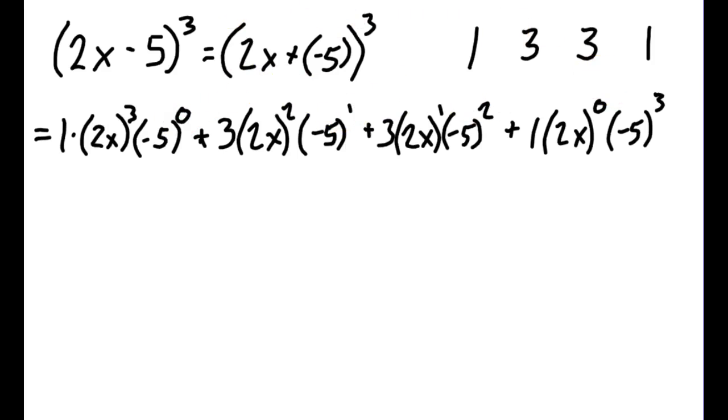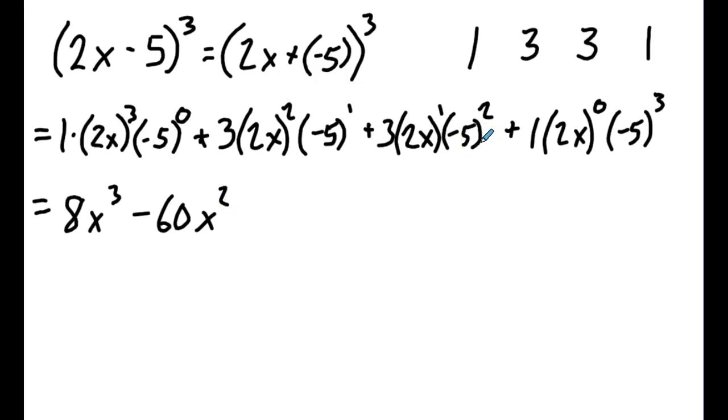All we have to do at this point is simplify. -5 to the 0 power is 1, so we have 2x quantity cubed, which is going to get us 8x cubed. The next part, we have -5 times 3, which is -15. 2 squared is 4. 4 times -15 is -60x squared.